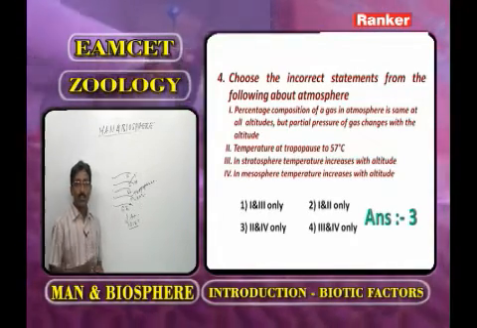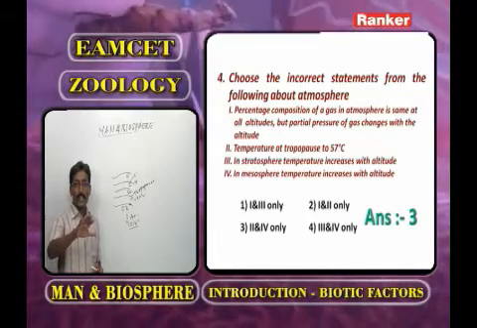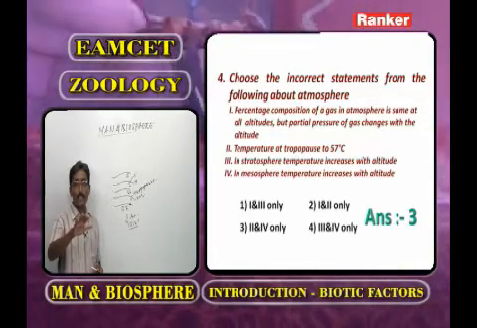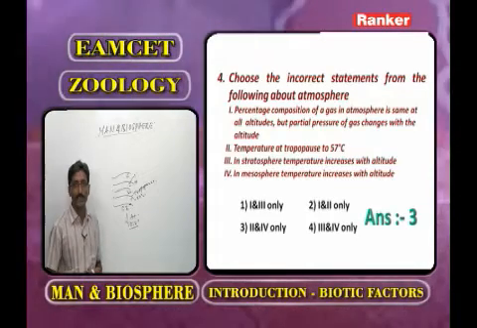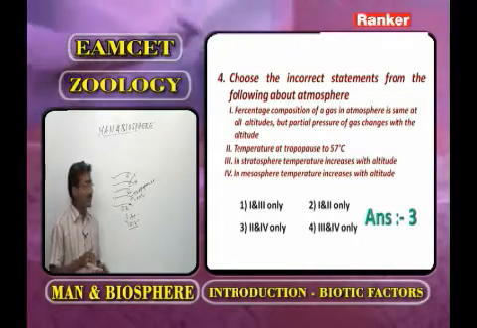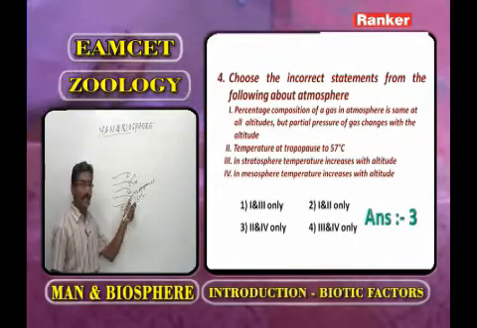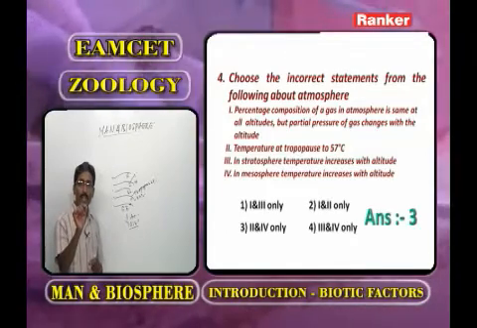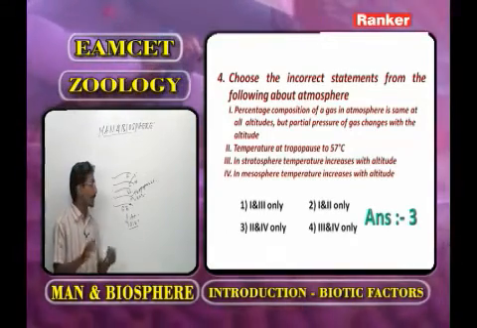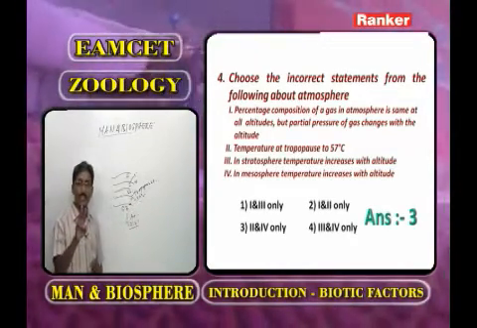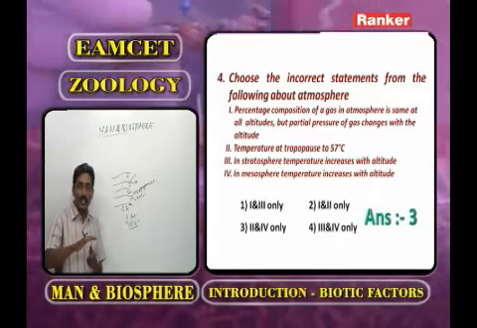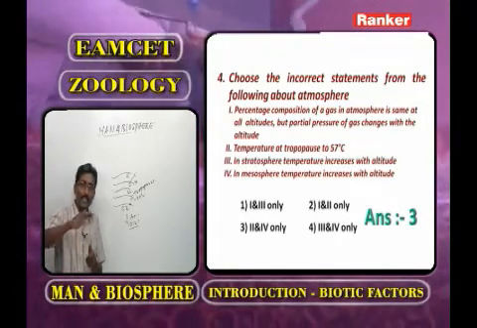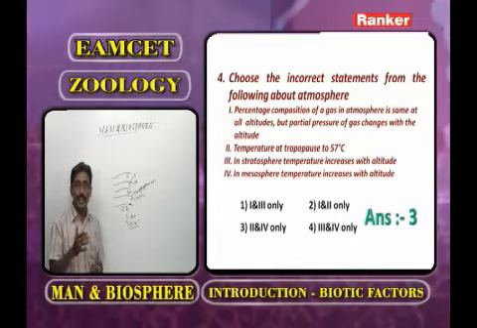So out of the four statements, irrespective of altitude, the percentage of gases is constant, so the first statement is correct. At tropopause, the temperature is minus 57 degrees centigrade, but not 57, so the second statement is wrong. In the stratosphere, the temperature increases with altitude, so the third is correct.